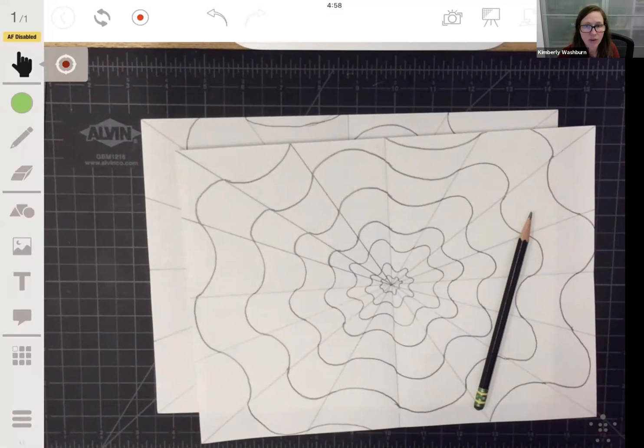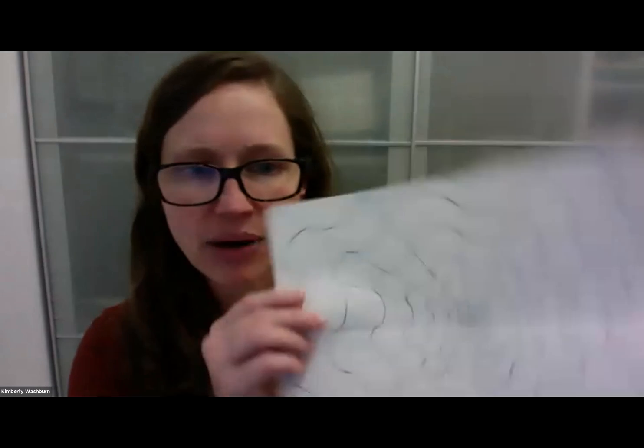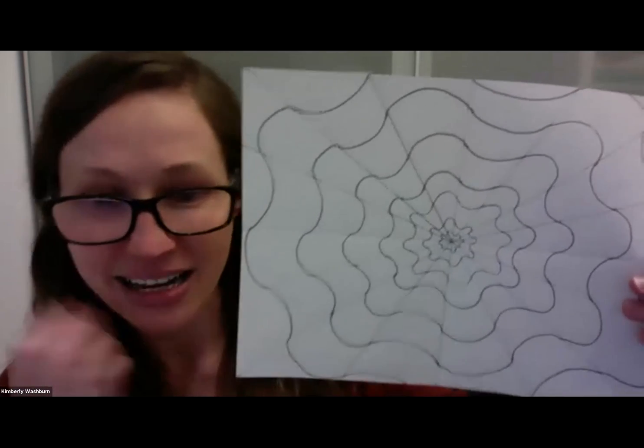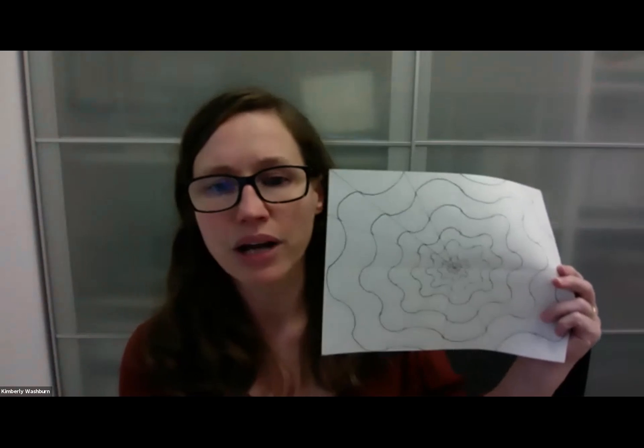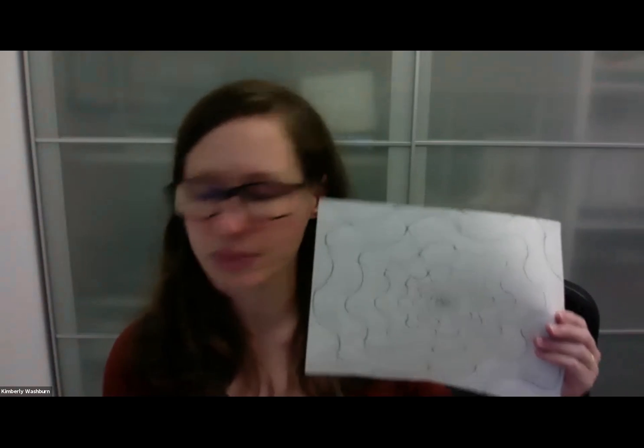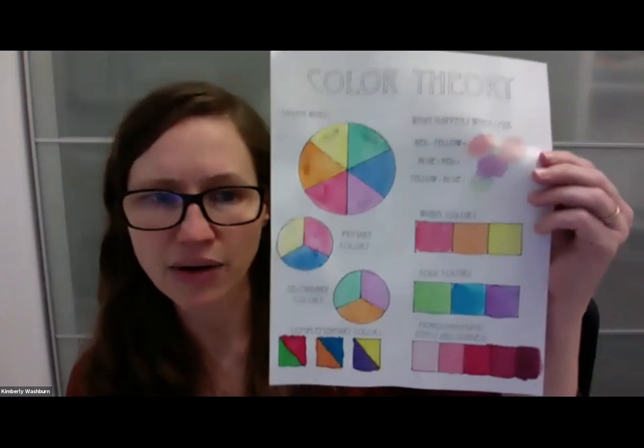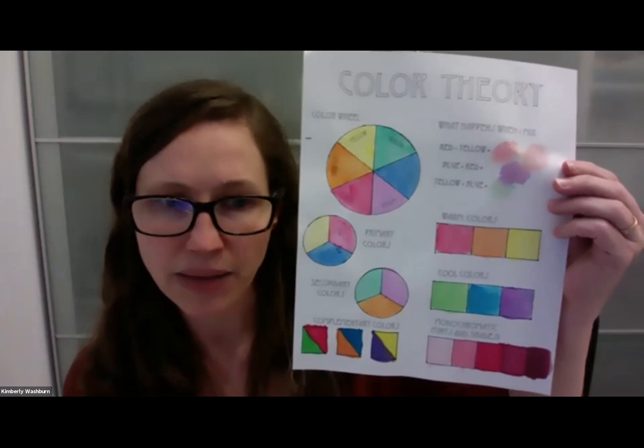So let me tell you what that date is going to be. Next time we meet, it will be December the 14th. On December the 14th, we will be taking our op art designs and adding color to them. And we are going to be creating using some color schemes, especially ones that we've identified on our color theory paper.